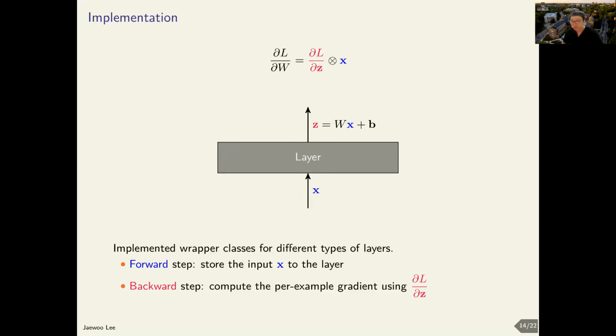During the forward step, we store the input to the layer, and during the backpropagation step, the gradient with respect to pre-activation is calculated by the auto-differentiation library, and it will be available to us. Once we have this gradient with respect to pre-activation, we can calculate the per example gradient.